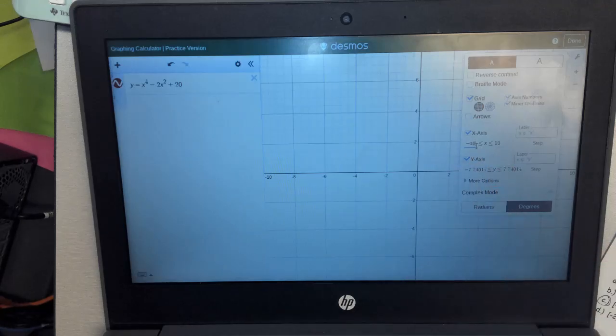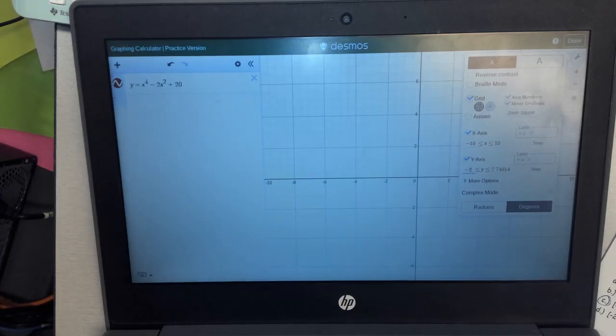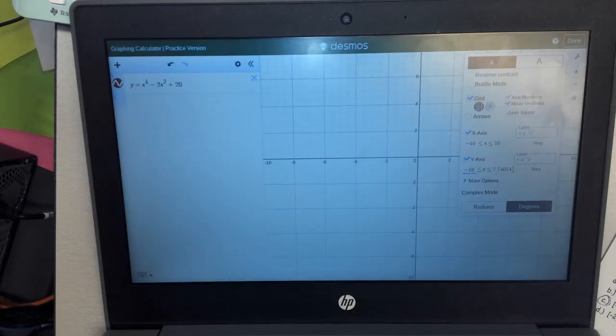So it already has negative 10 to 10, but your y-axis does not. So we're going to go down to the y, and we're just going to make that negative 10 to 10.